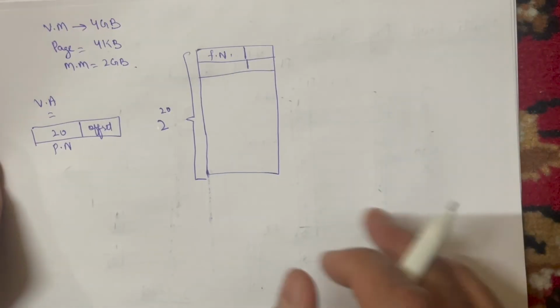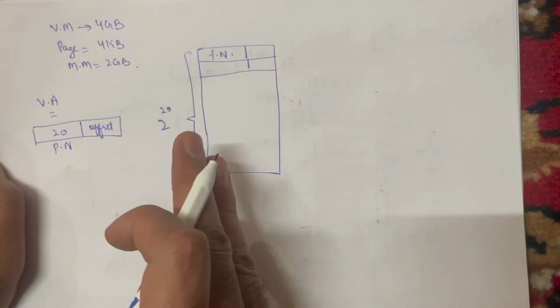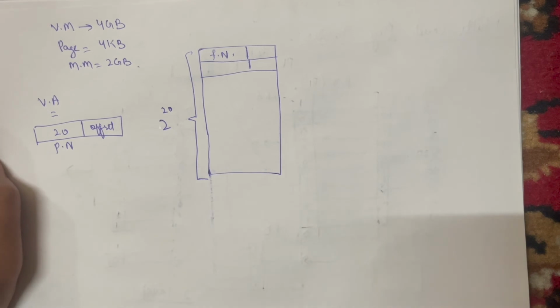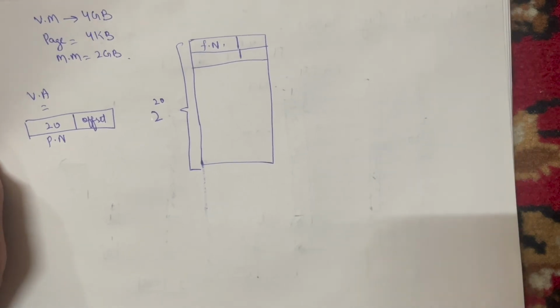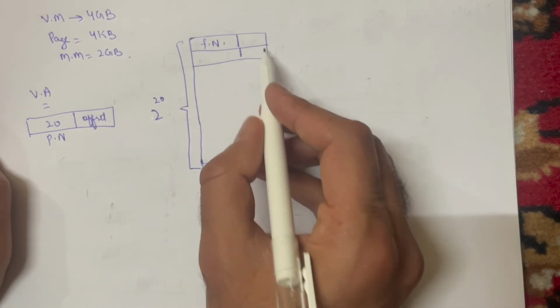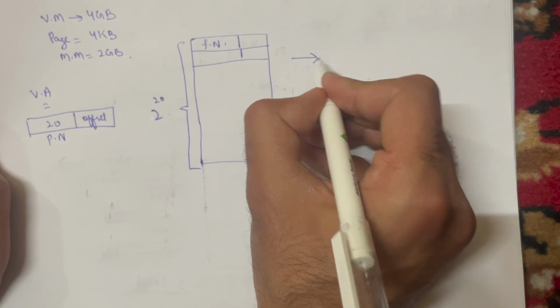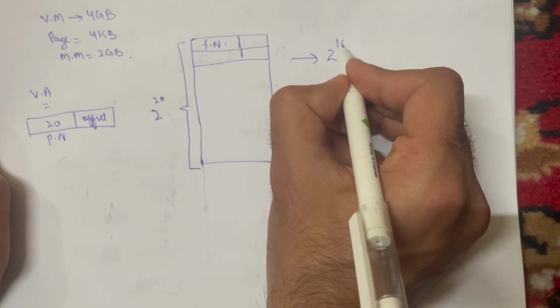Now let's say I am dividing this page number, I am trying to make a 2-level page table. How can I make it? Let's say I am dividing it into sub page tables, where every sub page table has 2 raised power 10 entries.